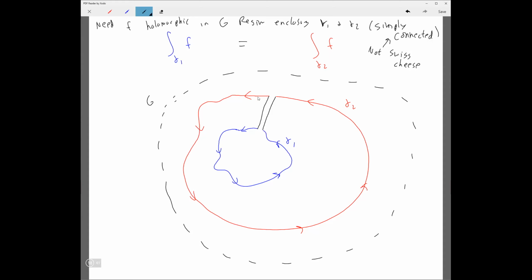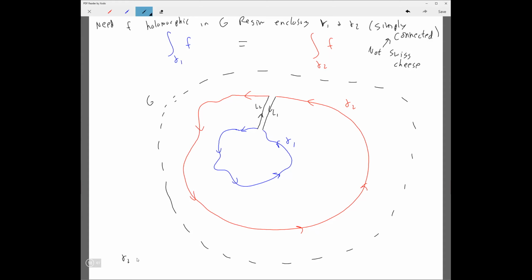So like if you start here, go around there, all the way to there, and then you go in, and you go around this one, and then you go back out. Okay, so maybe that's L1, that's L2.